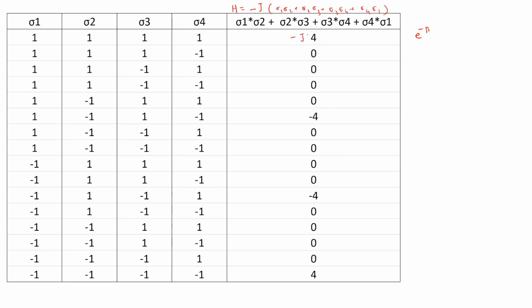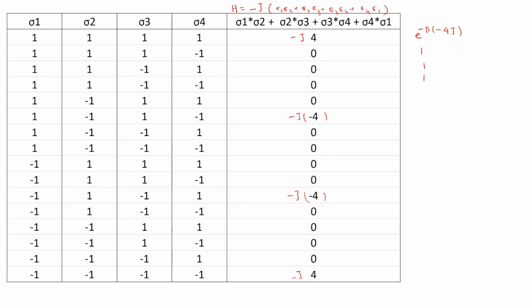You have to multiply with minus J. So this will be e to the power minus beta times minus 4J. Then this would be e to the power 0, which is just 1.